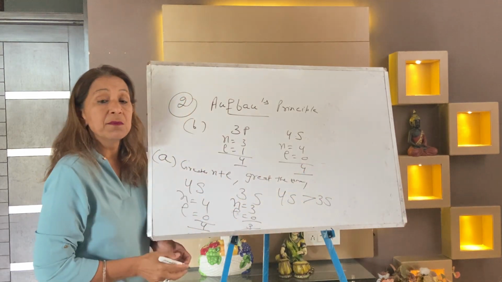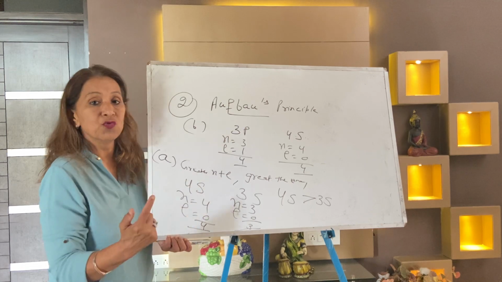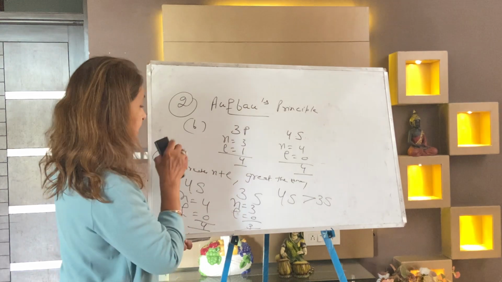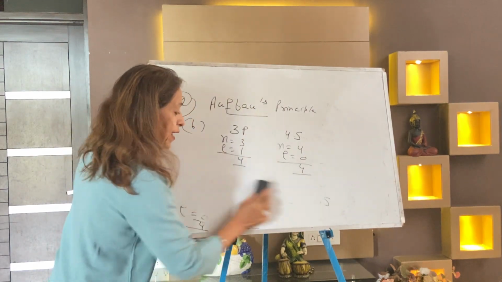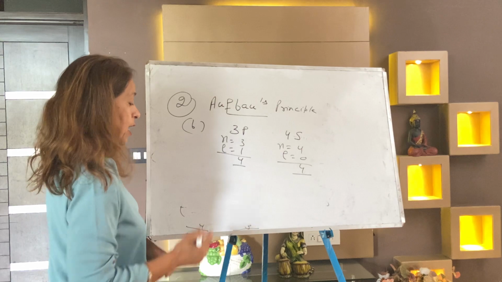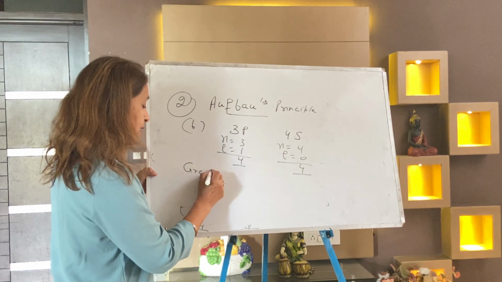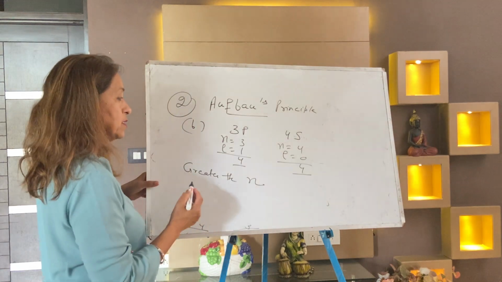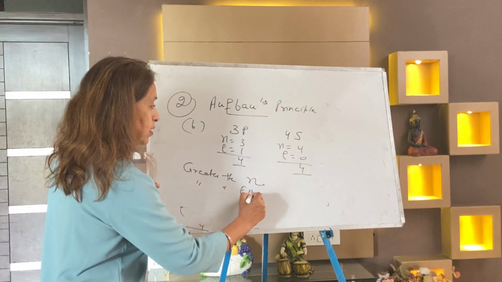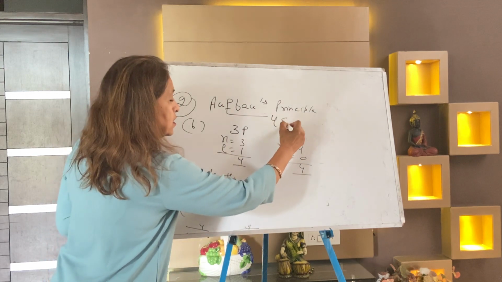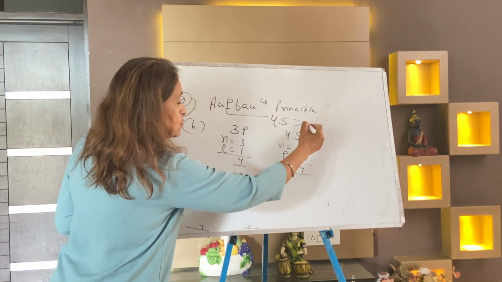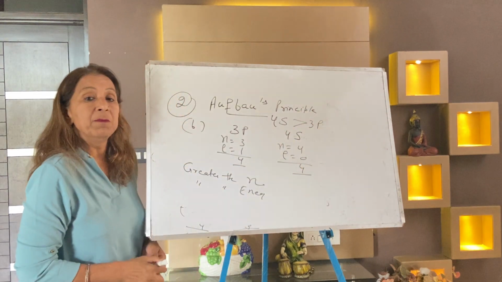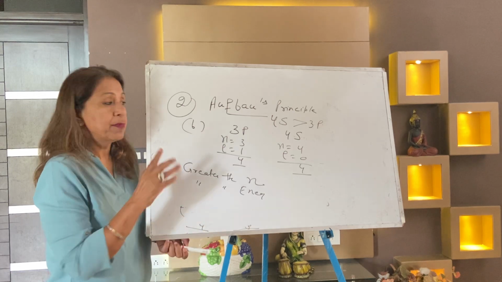Dear student, when the sum is the same, what policy will you adopt? Greater the n, greater the energy. That means 4s has more energy than 3p, and 3p will be filled first.